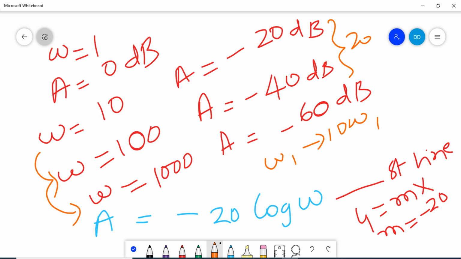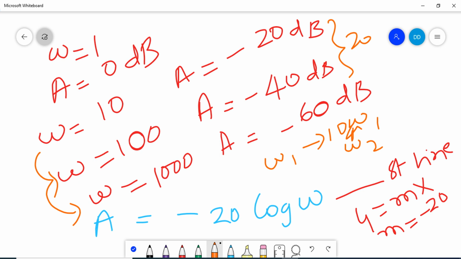An interval of two frequencies with a ratio equal to 10 is called a decade.